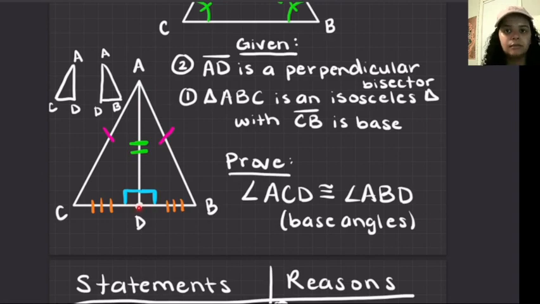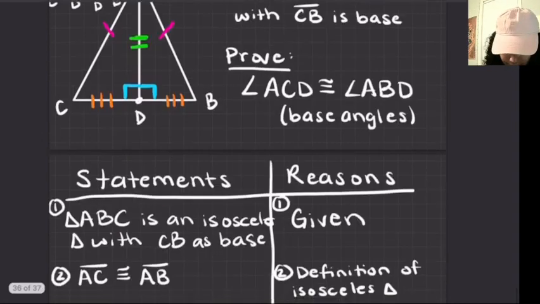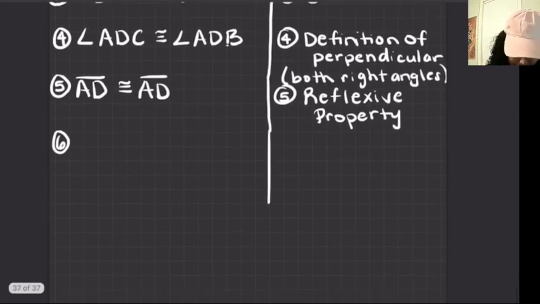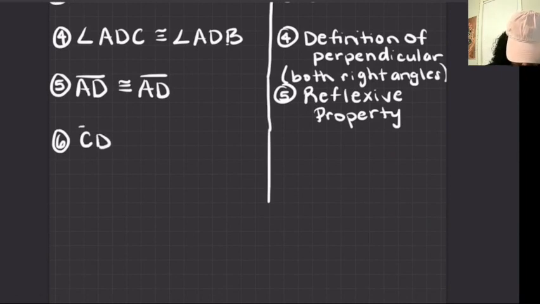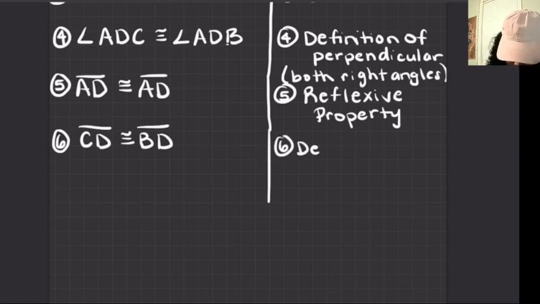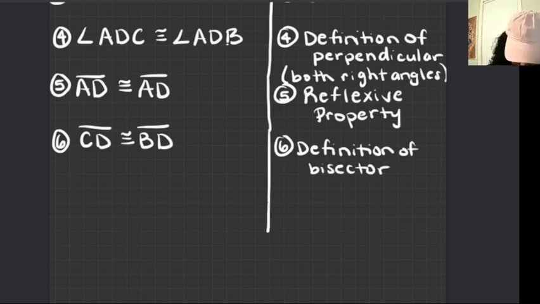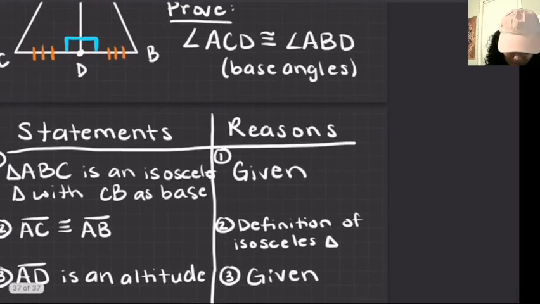So the bisector part means it cuts into two equal pieces. So now I can say that CD is congruent to BD, and this is by the definition of bisector.